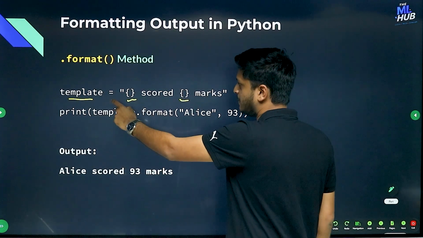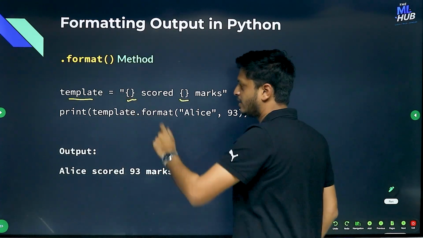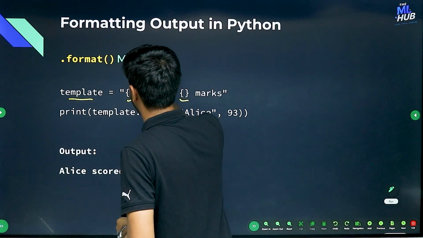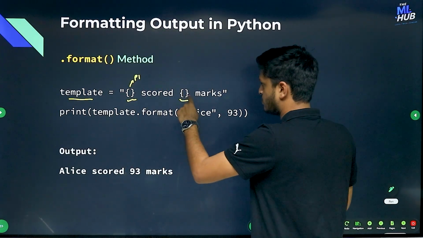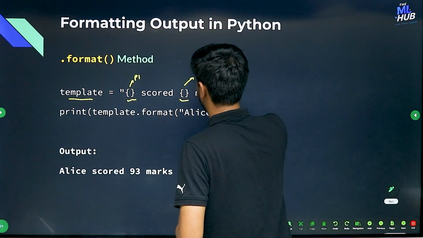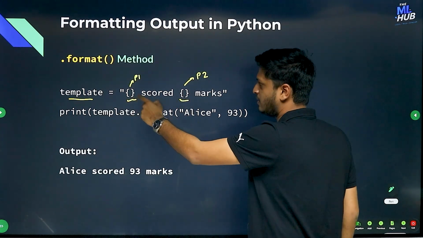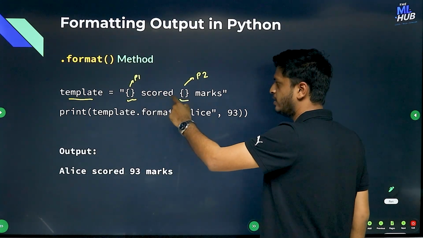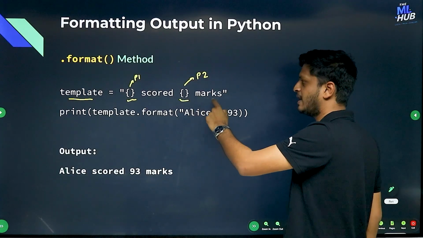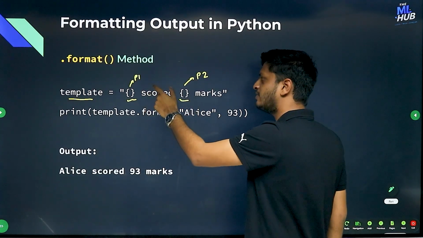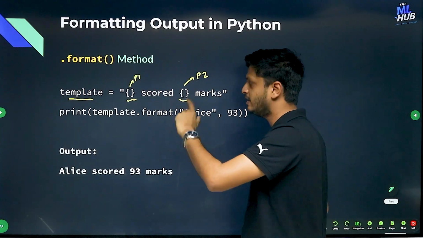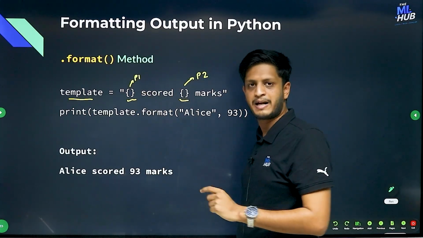So let us call the first one placeholder P1, and the second one placeholder P2. The string that we have defined is template is equal to P1 space scored space P2 space marks. Whatever values of P1 and P2 we give while printing will replace the curly brackets.